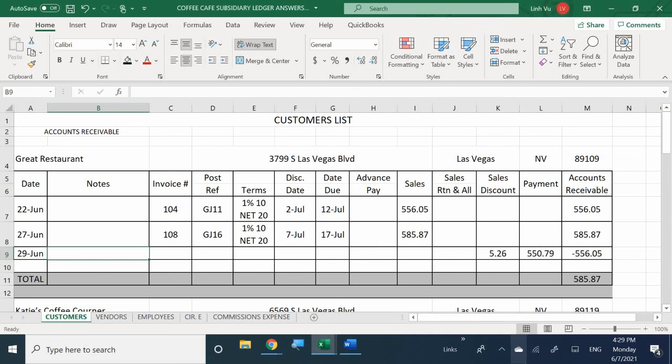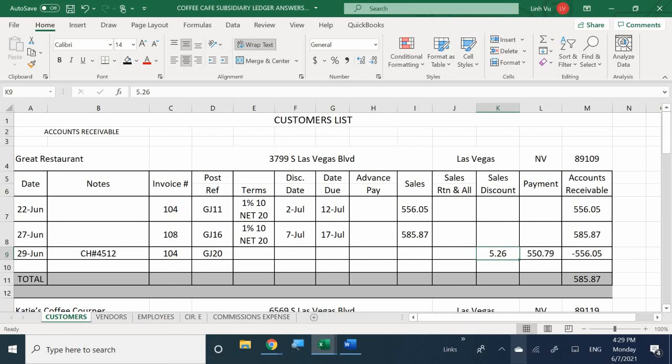629. Payment. Check number 4512, for the invoice of 104. General Journal 12. So our sales was for $556.05. Nothing's there.